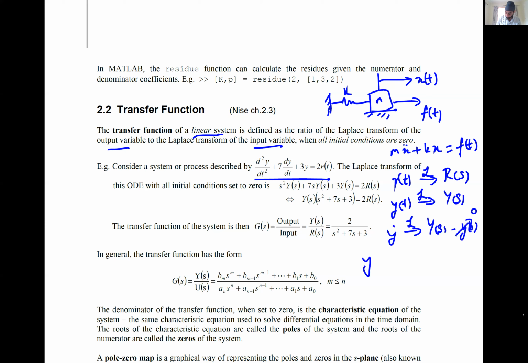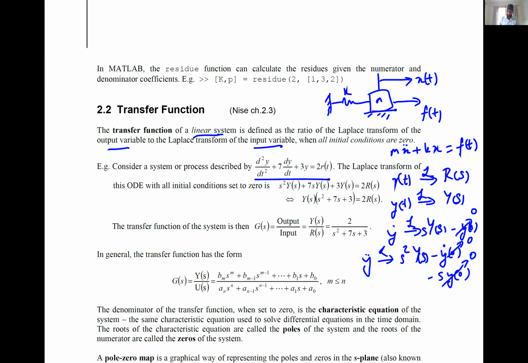Similarly, for the second derivative of y, the Laplace transform will be s squared times Y(s) minus s times y(0) minus y dot (0). So again, these initial conditions, which are y and derivative of y at 0, will all be taken as 0.